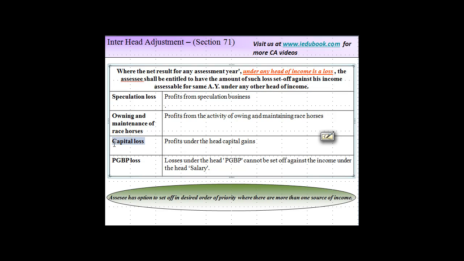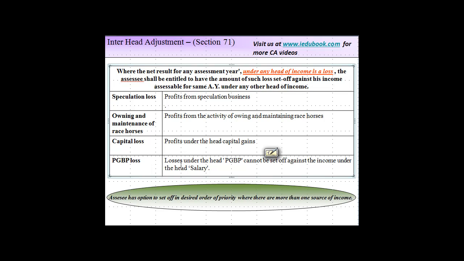Third, capital loss. Now capital loss can be set off only against the profits under the head capital gains. So if you have a capital loss, you can't set it off against business income. But vice versa is permissible. So that we will see as we discuss these things in more detail in the subsequent slides.